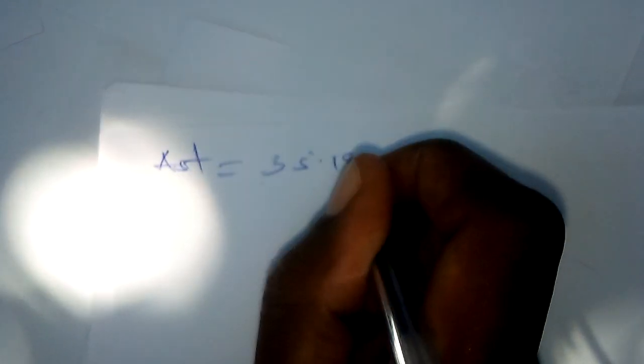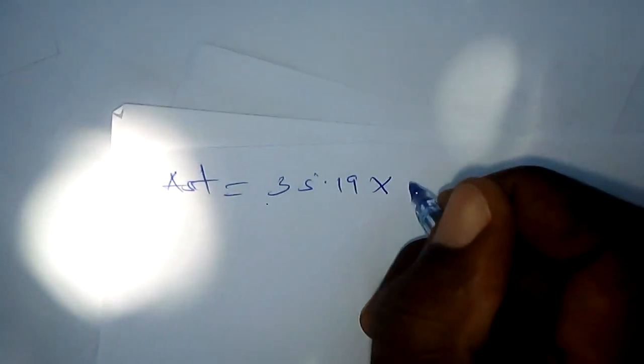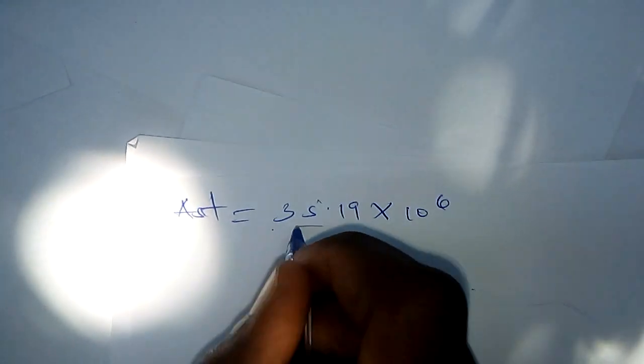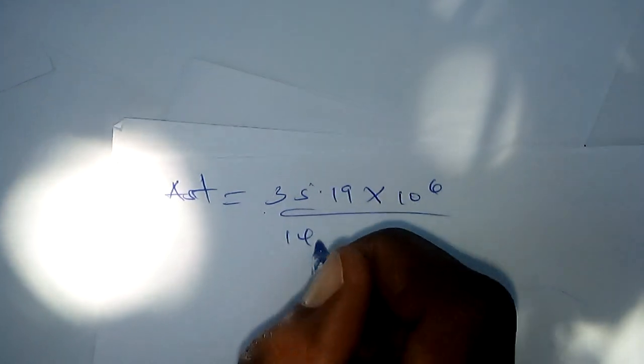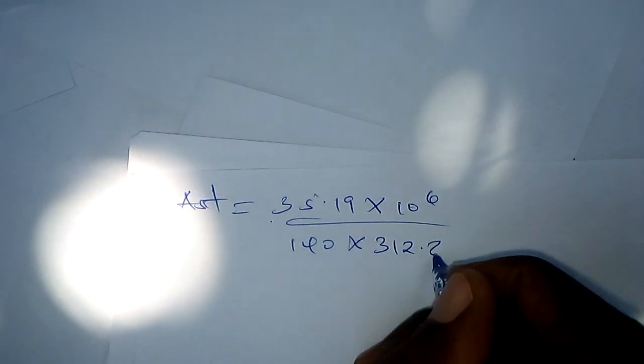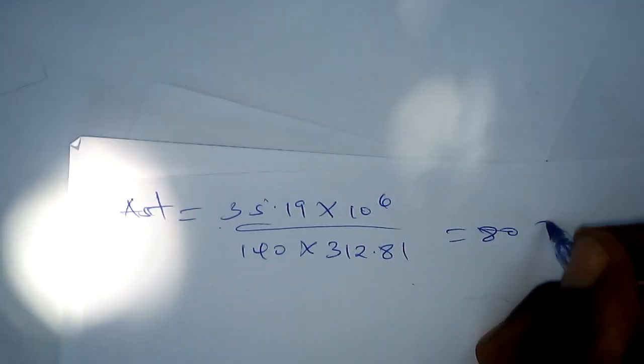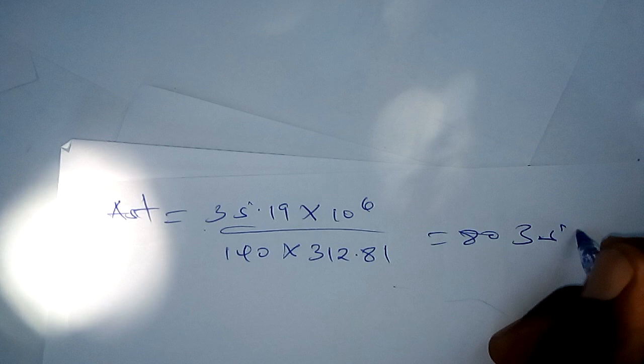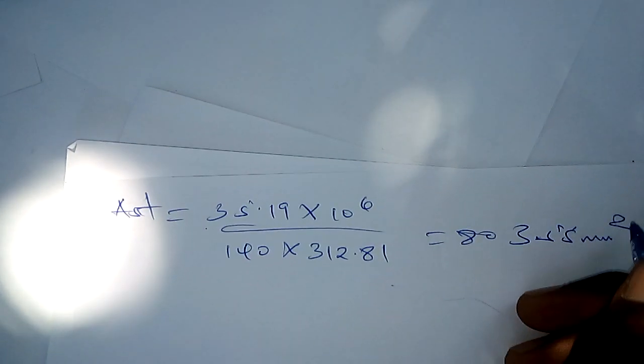Now area of steel, particularly AST, is equal to 35.19 multiplied by M-max, and that was M-max, by 10 raised to 6 all over PST 140 multiplied by 312.81, which is 803.55 millimeters squared.